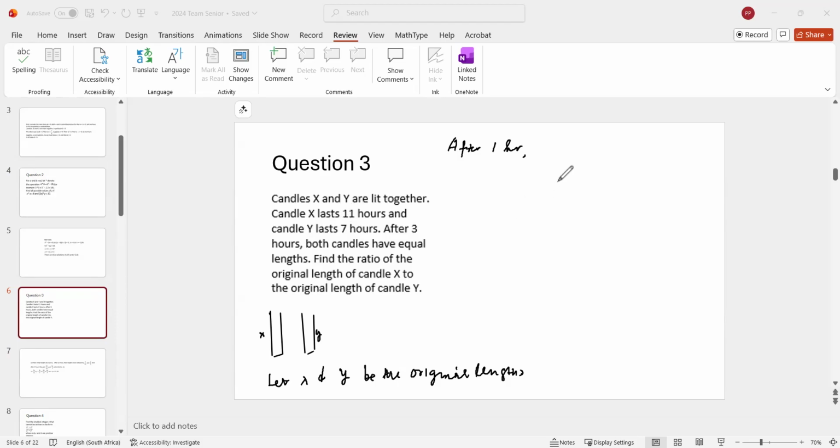So in 1 hour, x over 11 of the candle is burnt off. So in 11 hours, entire x is burnt off, right? So let's see what remains. x minus x over 11 is the length.